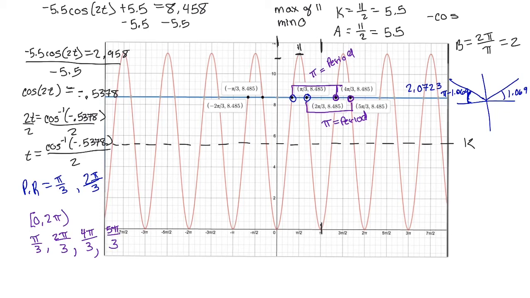Okay, and then finally what we can see is that all of these are just adding 2 pi to it, but because the period is pi, we can also write all real solutions as pi thirds plus k pi and 2 pi thirds plus k pi, and that would take care of all of these through the entire number line.